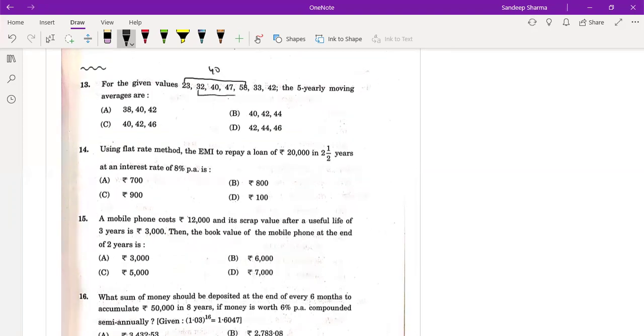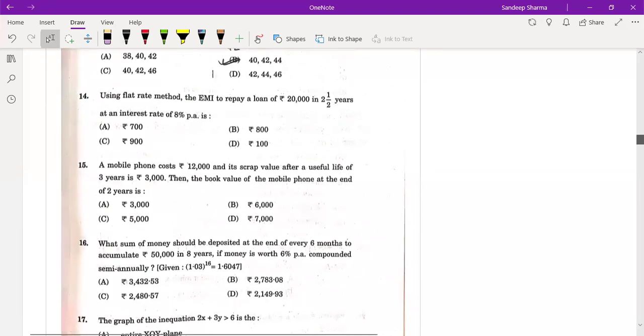What about the next value? The next value is 42. Okay. And the last value will be 40 plus 47 plus this and plus 33 plus 44. So yes, option B, 44 will be there. So option B will be correct.